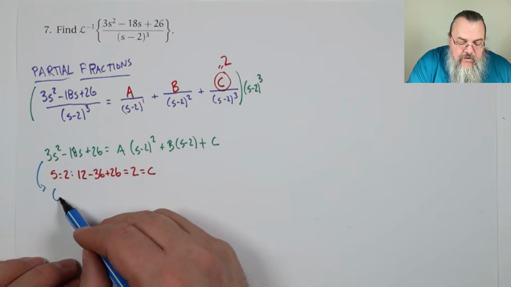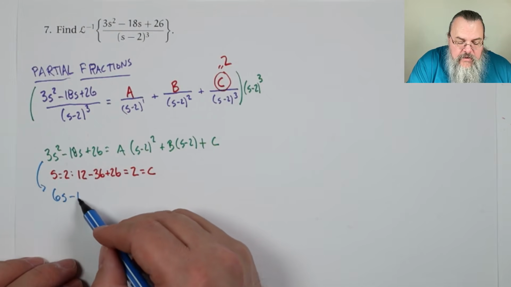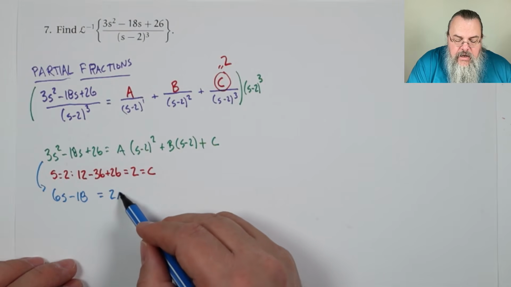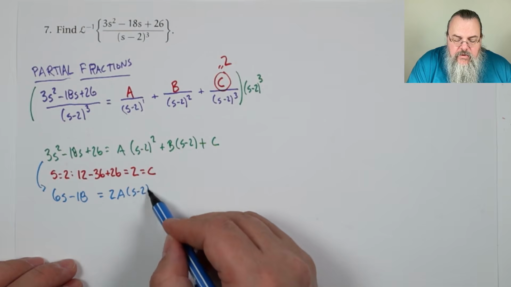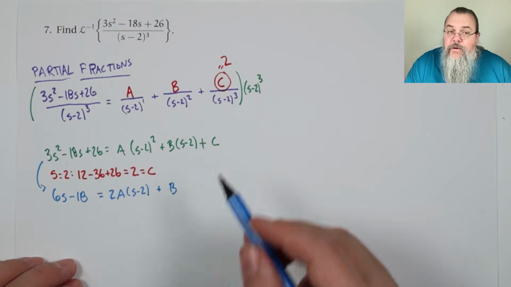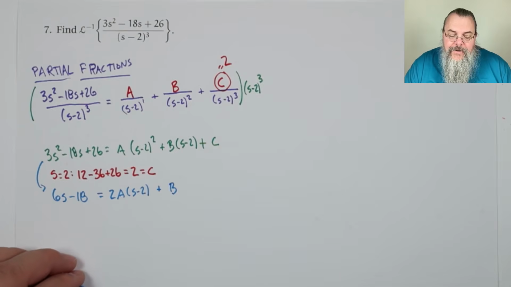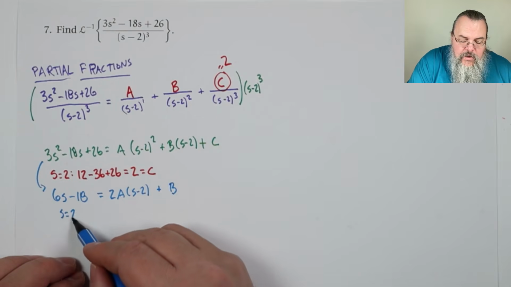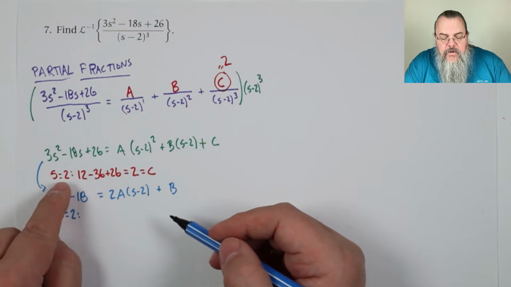So the derivatives have to match. Take the derivative of the left-hand side, 6s minus 18. Here, you'd have 2a times s minus 2 plus b and 0. Now, what can you do? Well, we can plug in 2. You might say, wait a second, we plugged in 2 before.